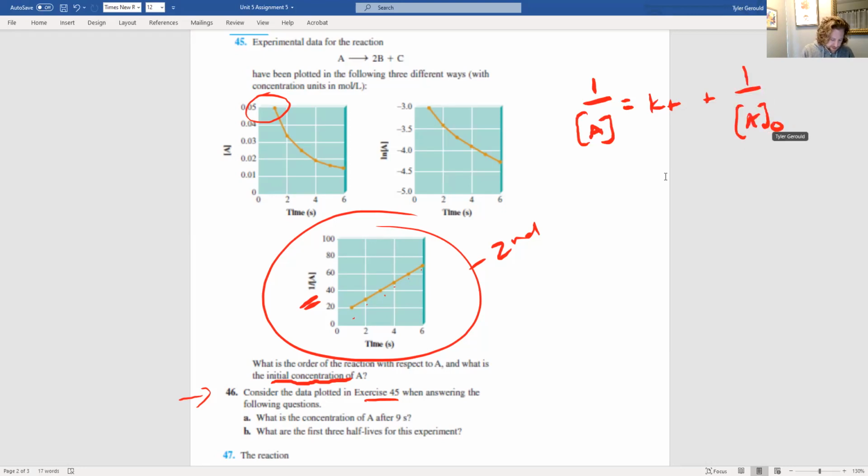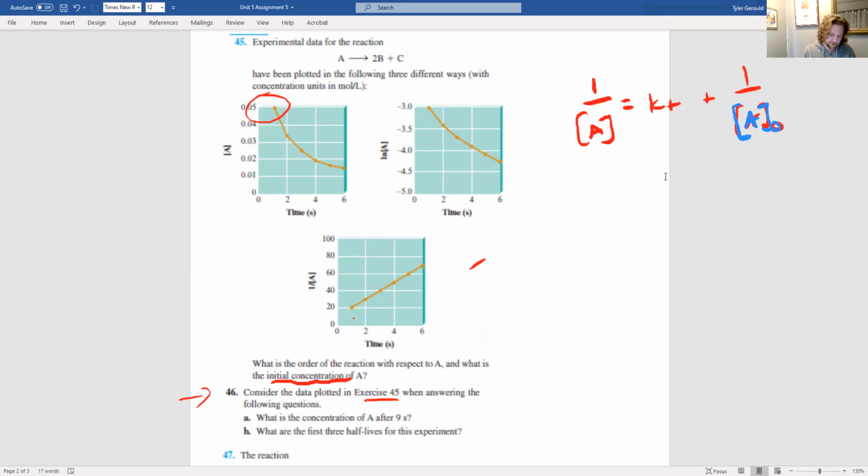And the initial concentration is what we're going to be solving for. So we're going to choose a set of points from the graph, and it's laid out so it looks pretty straightforward as far as figuring out rise over run and figuring out a point on the graph. So I'm going to go ahead and zoom in and let's figure out a point on this graph.